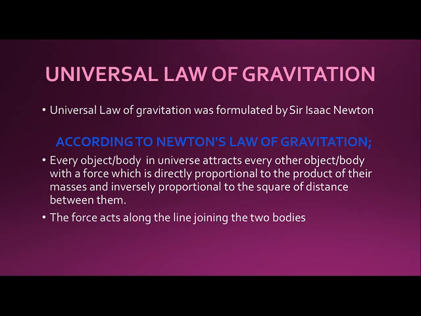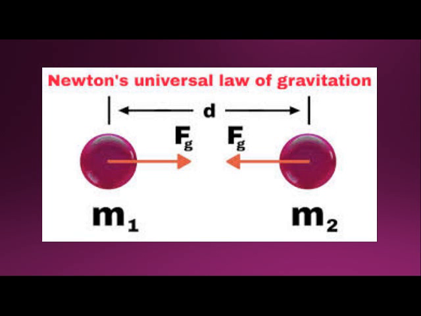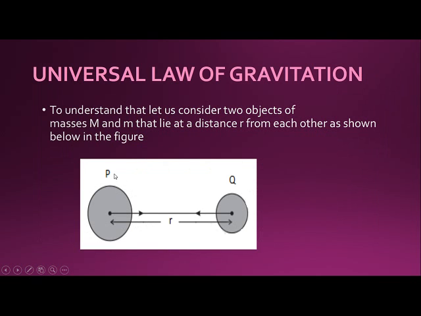And always remember that the force acts along the line joining the two bodies. Again, look at this picture. Children, you can see these two arrows. These two arrows can be considered as a line which is joining them together.